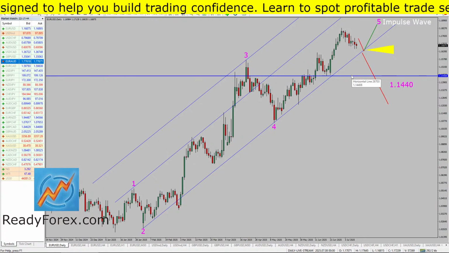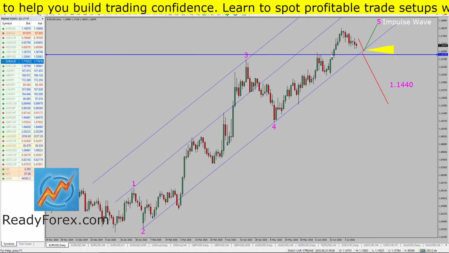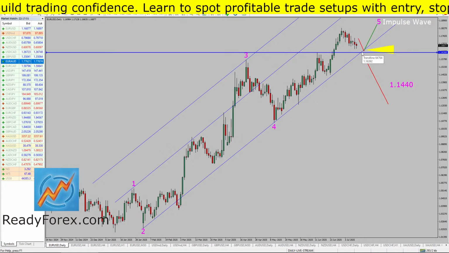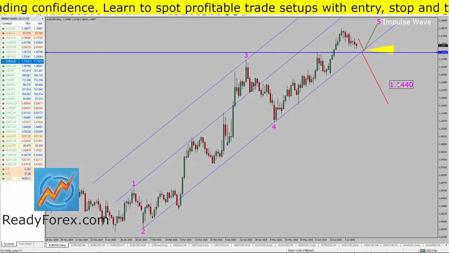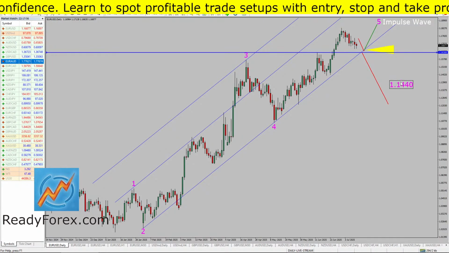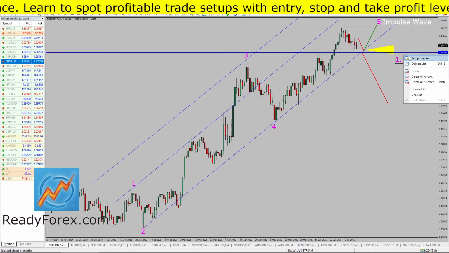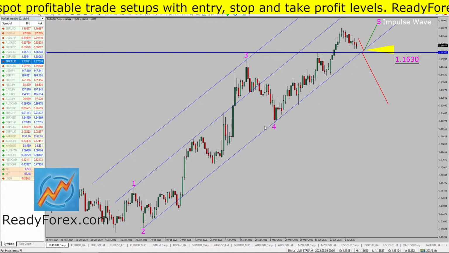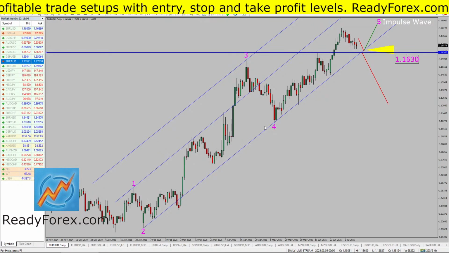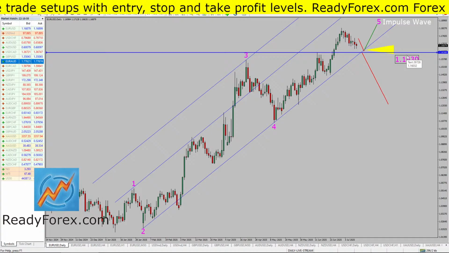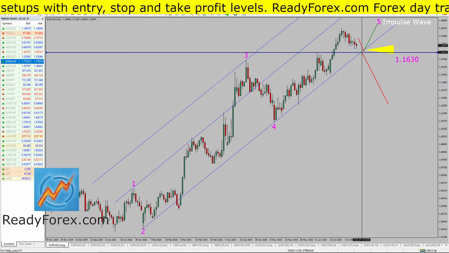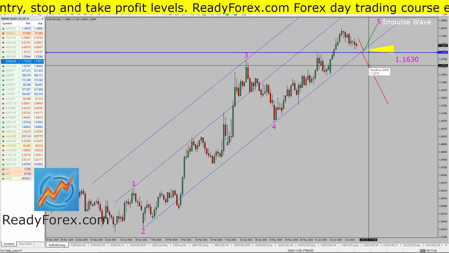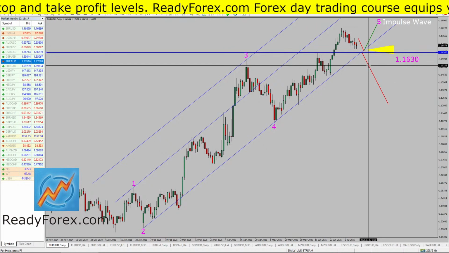Now if we do get a breakdown in price action, let's say market creates an overlap at the 1.1630 level, then it's quite possible that price action is going to drop even further in the EURUSD currency pair.